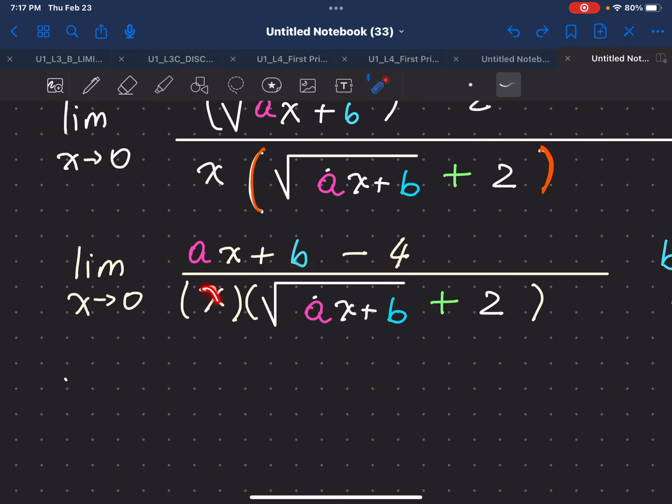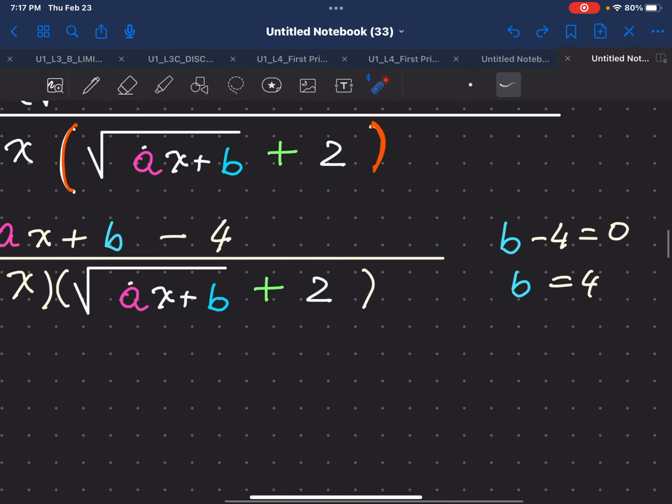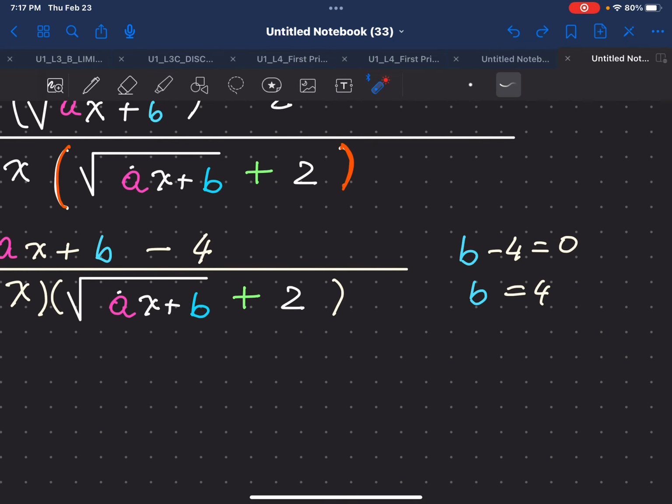So the fact that x in the denominator simplified again means that these two other terms probably added to 0. So we're going to say that b minus 4, so b plus negative 4, would be equal to 0, which makes the b value equal to 4.